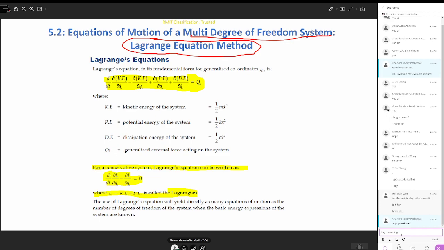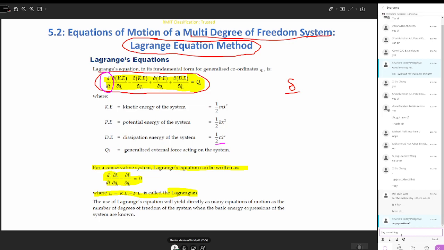The first form you can write like this. Here you can see this symbol dou, which indicates a partial derivative, while d by dt is a full derivative. You can see this is d by dt of this, plus partial derivative of kinetic energy with variable qi, then partial derivative of potential energy, then plus partial derivative of the dissipation energy.